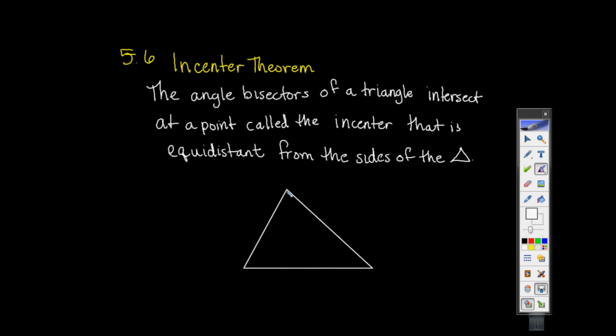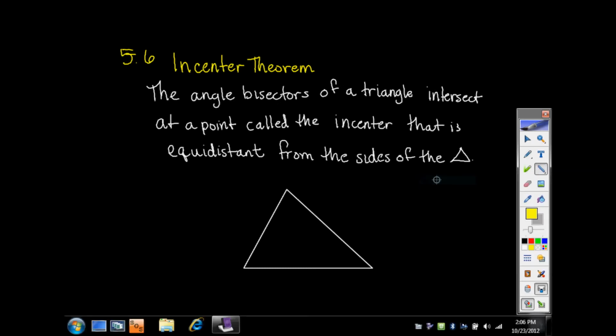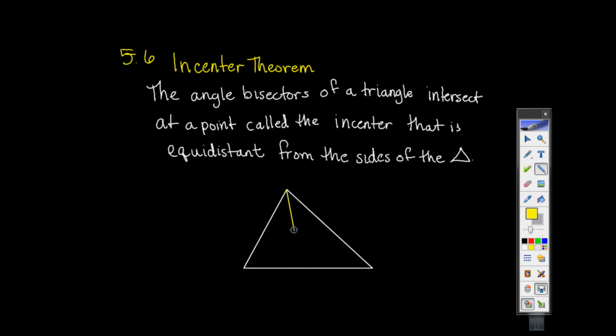And when I take the angle bisectors from each of these angles, okay, so I take the angle bisectors from each side. That gives me the point, the incenter.